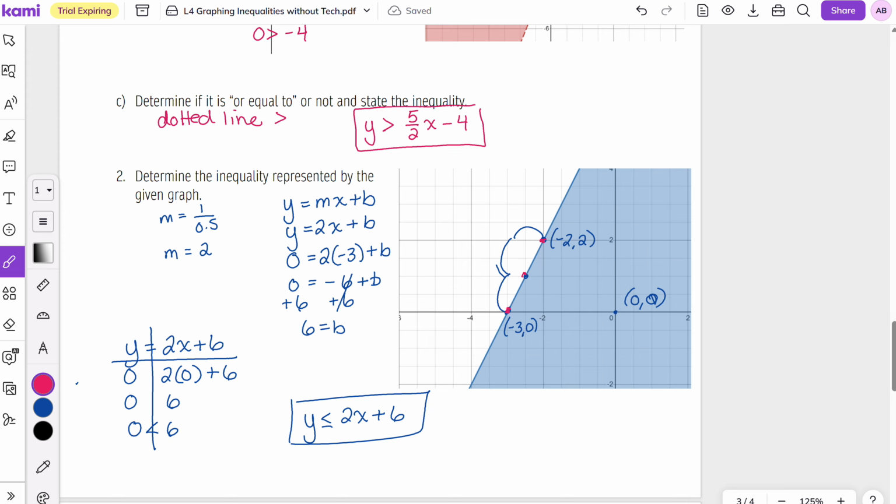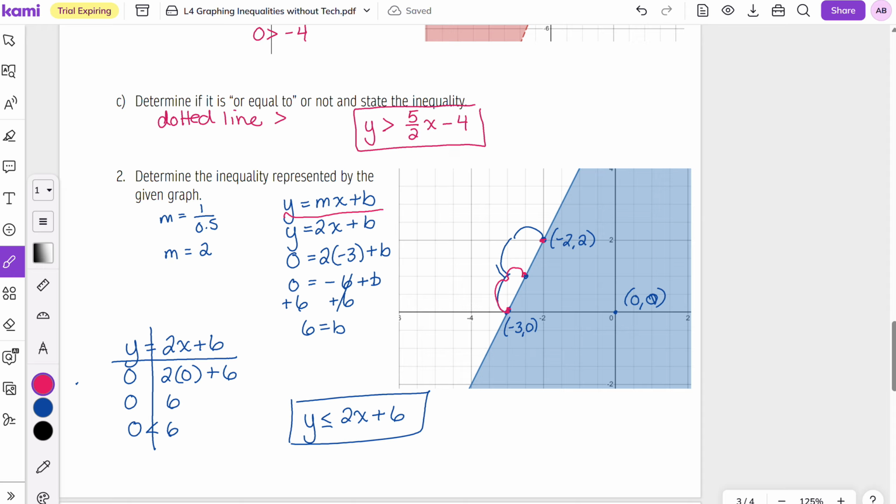Okay, typically we're up 1, right 1/2. Or you could go up 2 over 1, either way. So that means you have a slope of 2, but we don't know our b value. So we would pick any other point on here, sub it into our y equals mx plus b version.